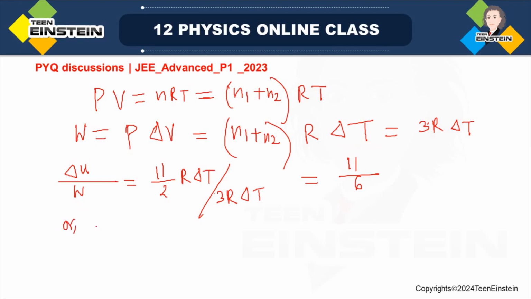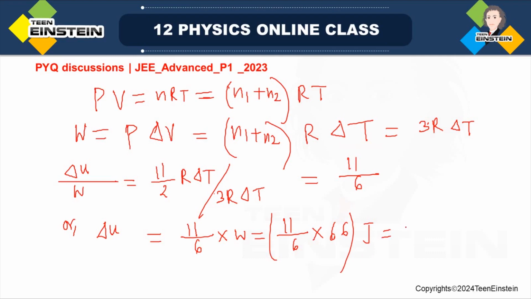So now you look, we have been given the work done by the mixture gas, right? And that is how much? That is actually 66 joule. So if I put 66 joule in place of work done, then this is in the unit of joule now.